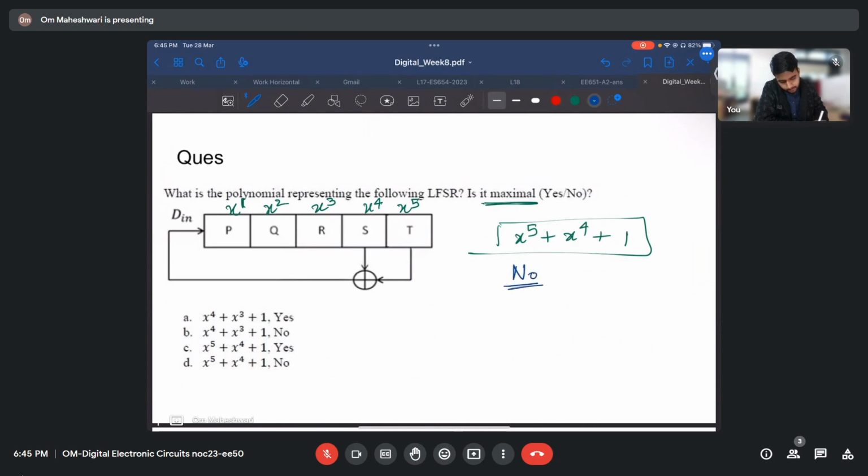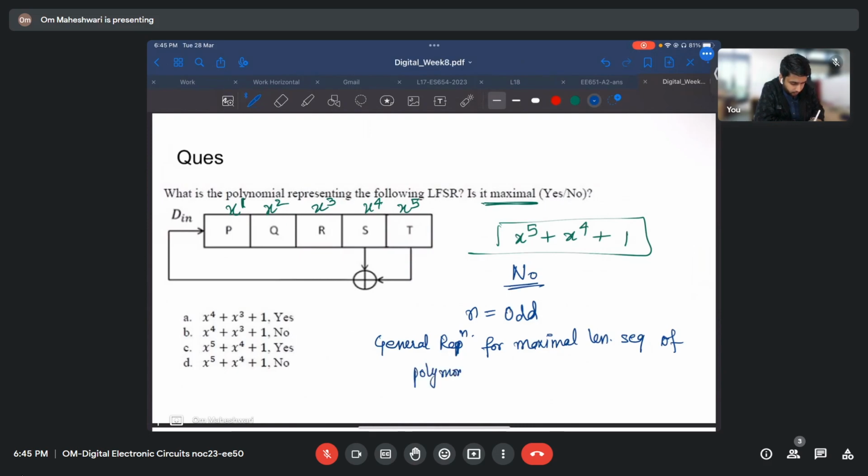No, because n is odd. So we only will deal with the general representation for maximal length sequence of polynomial, which is x to power n plus x plus 1.